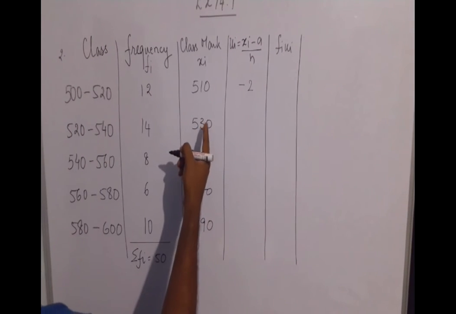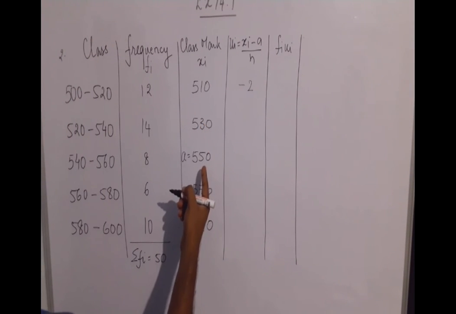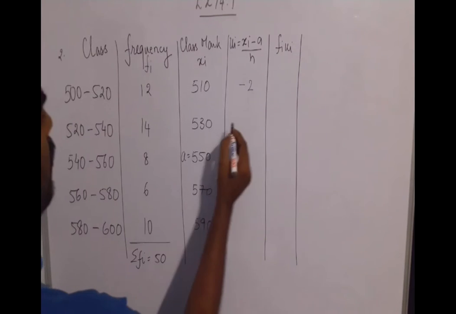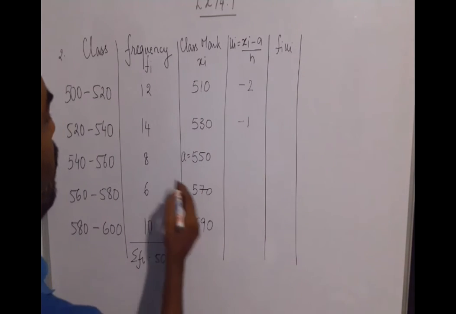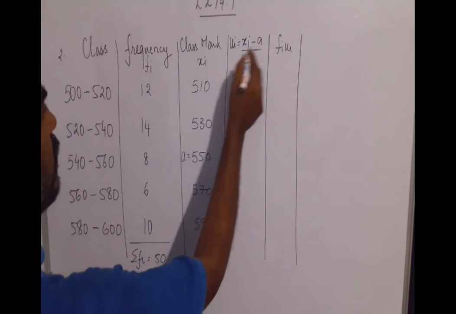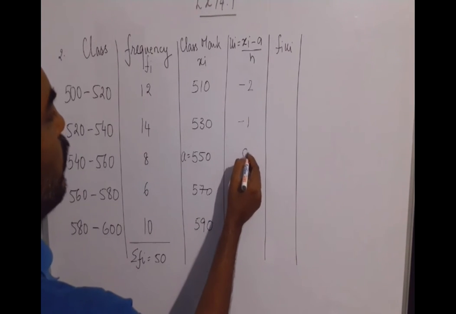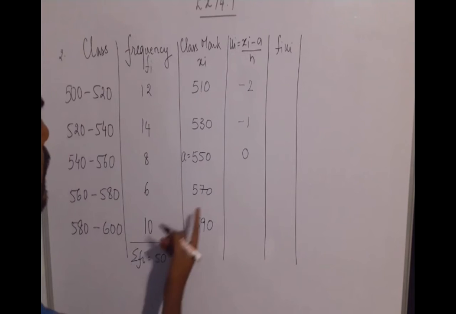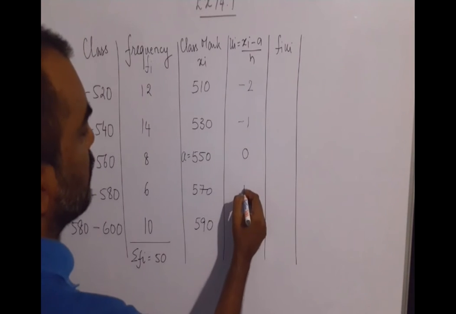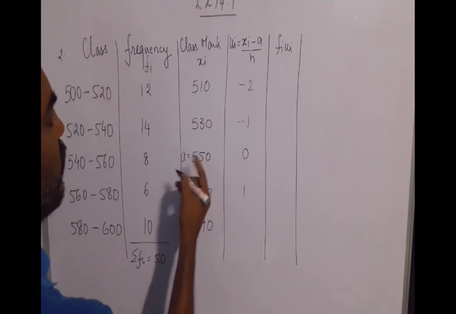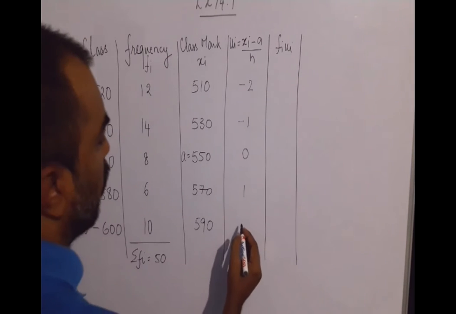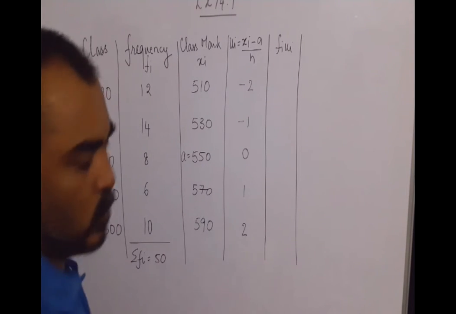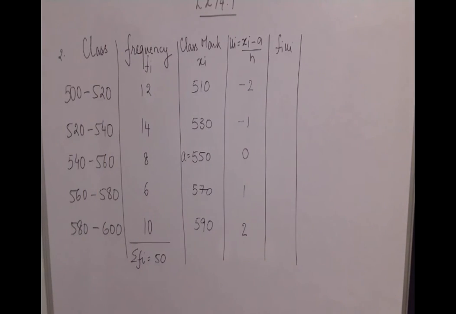In the same way, 530 minus 550 is minus 20, divided by 20 gives us minus 1. Then 550 minus 550 is 0, 0 divided by 20 gives us 0. 570 minus 550 is 20, 20 divided by 20 gives us 1. And 590 minus 550 is 40, 40 divided by 20 gives us 2. So here I have found out the ui.